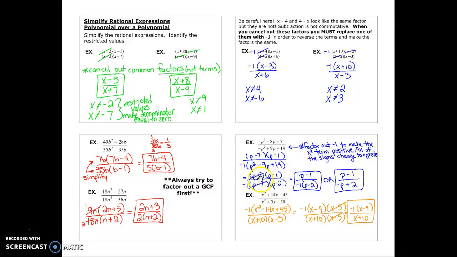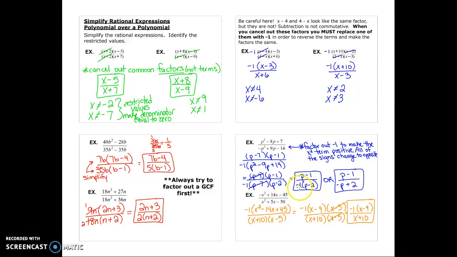Now that you factored it, now it's just like the top two examples here. The factoring is done, so you find your common factors and cancel them out. Okay, so you just had to do the initial factoring. P minus 7s both cancel. You're left with a p minus 1 in the numerator and a negative 1 times that p minus 2.